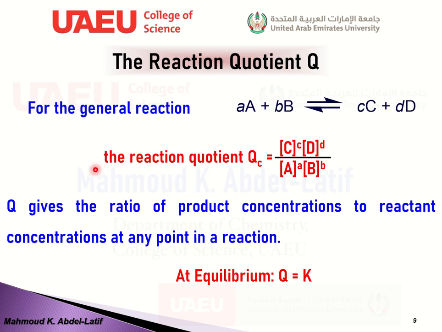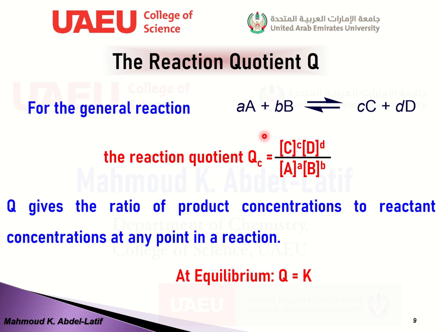For the general reaction A plus B gives C plus D, each with its number of moles, the reaction quotient, according to the law of mass action, equals the concentration of the products to the power of their number of moles divided by the concentration of the reactants to the power of their number of moles.